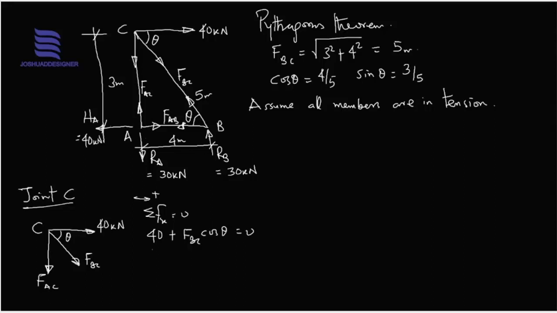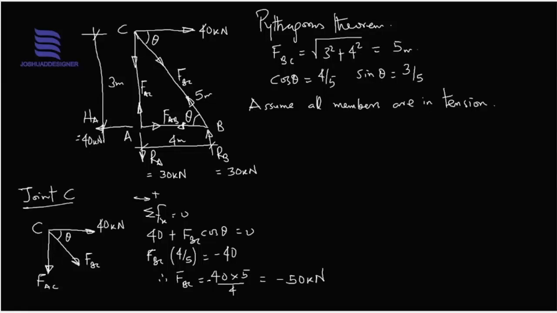So we have FBC, the cos theta we obtained before was 4 over 5, equals to minus 40 kilonewton. Therefore, FBC equals to minus 40 multiplied by 5 over 4, which will give us minus 50 kilonewton.